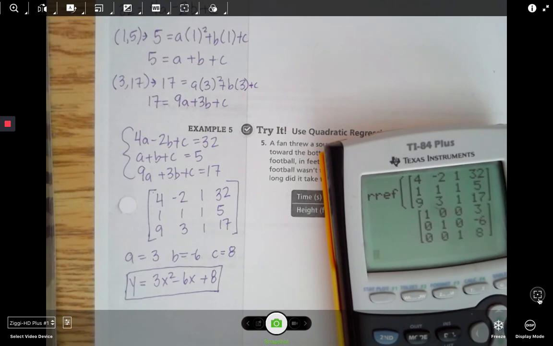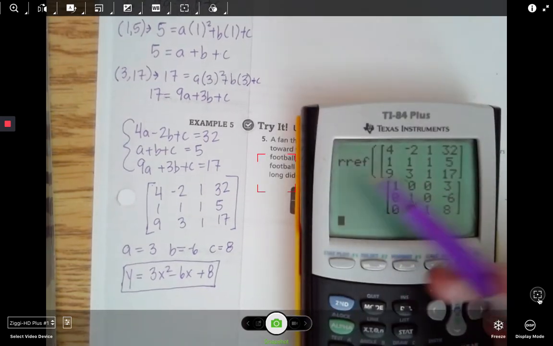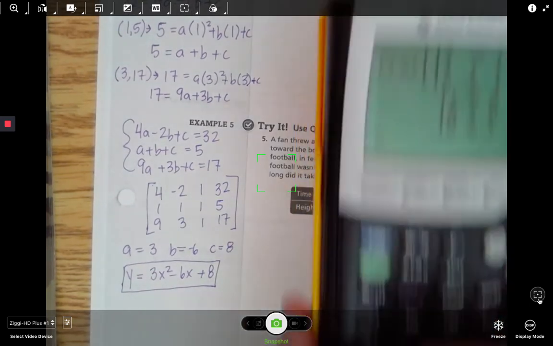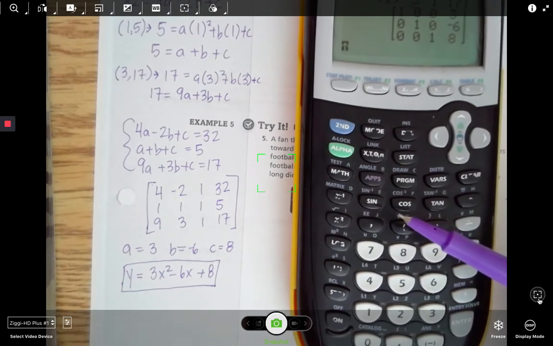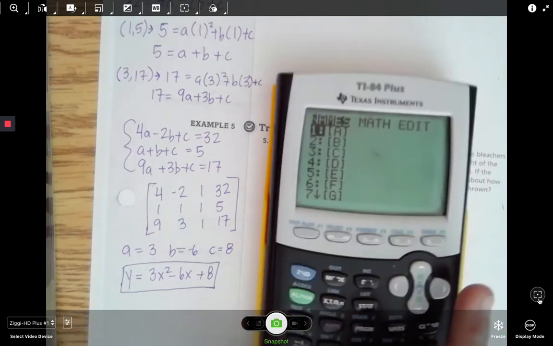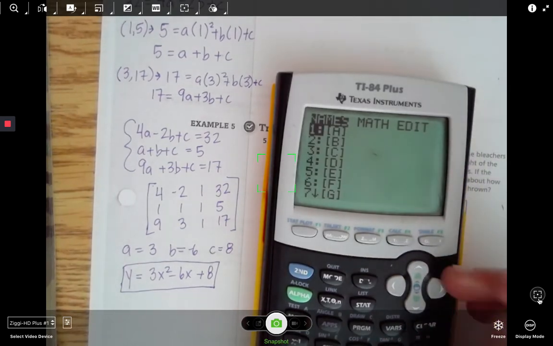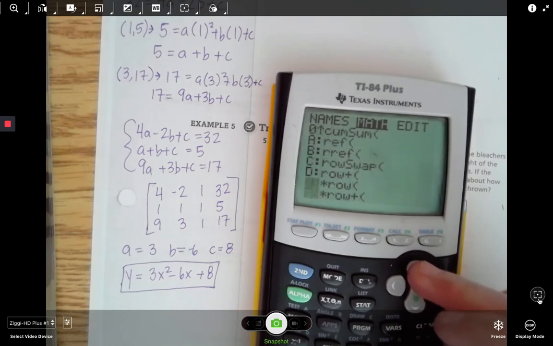How do I put what? What part of the calculator? To the RREF. Hit second, and then this button right here. It's right below math. And then you go over to math, and then you go to RREF.